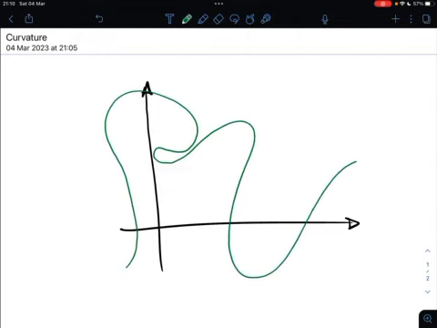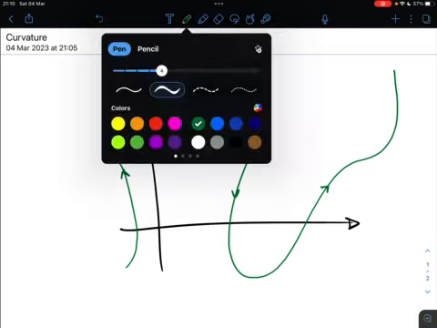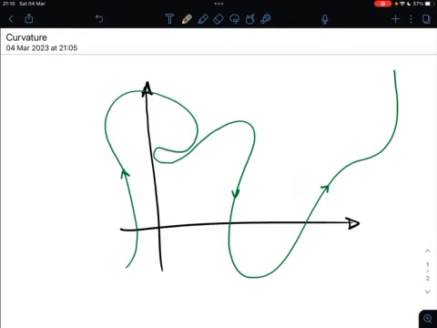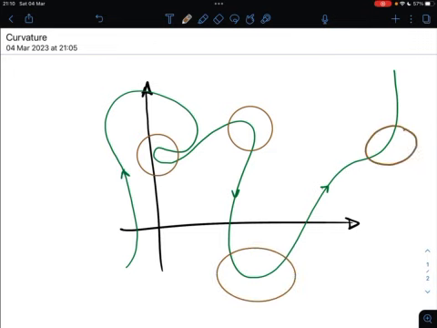If it's a particle moving in this direction, tracing out the curve, we can see that there are some regions of interest that we can focus on at this instant: this one here, this one here, this one there, and many other regions.